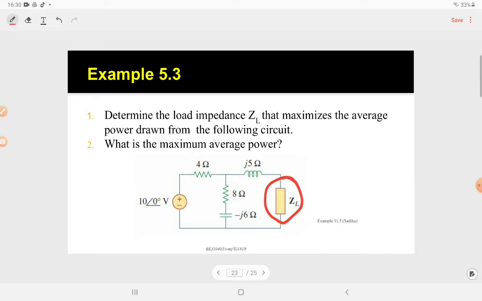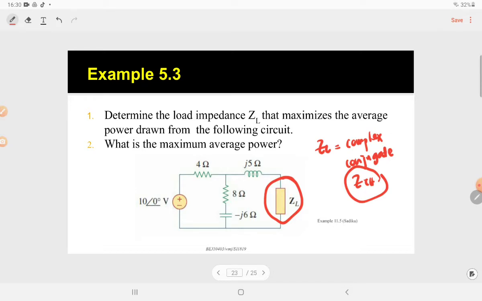In order to calculate the maximum average power, remember you need to meet this condition, which is that ZL must equal the complex conjugate of your ZTH. So you need to calculate the value of ZTH first, and then make sure ZL equals the complex conjugate of ZTH.